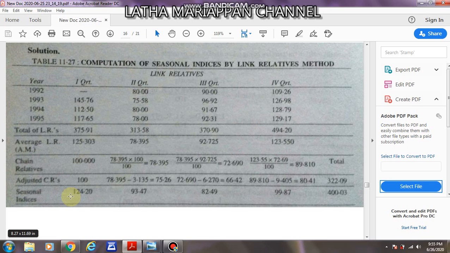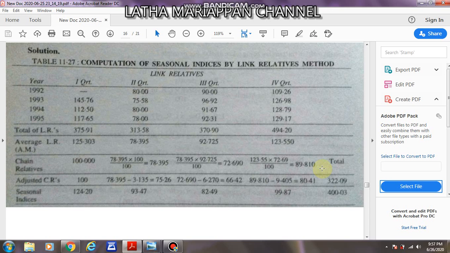Say for example, here we got 125.303. Take this first quarter 125.303 into the CR of the last quarter, 89.810. 89.810 divided by 100, you will get one value, that is 112.54.